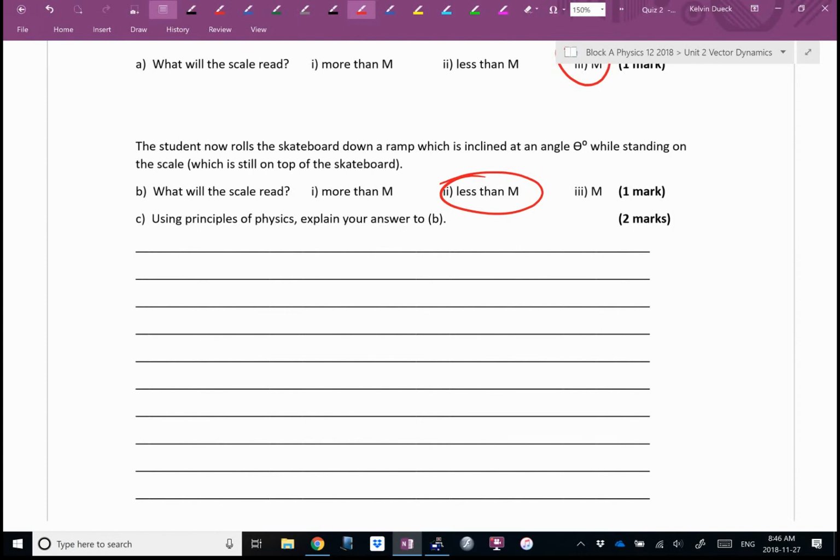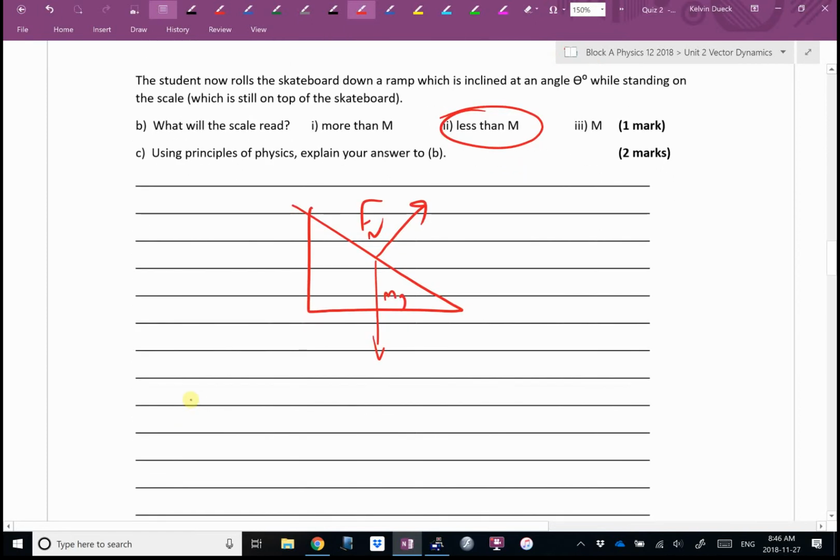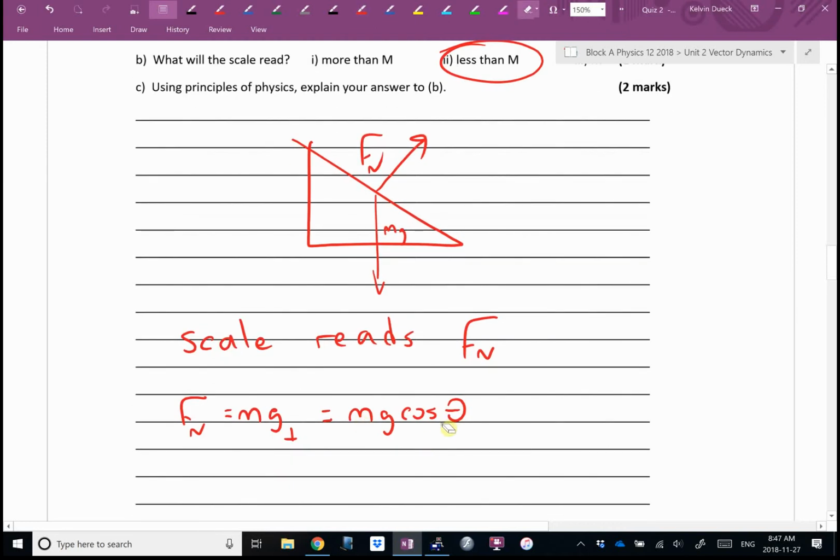If you drew a lovely free body diagram, with mg and the normal force, and you said the scale reads Fn, and that Fn is equal to mg perpendicular, which is mg cos theta, and you said I know that cosine is always a decimal, so it's always going to make this smaller.